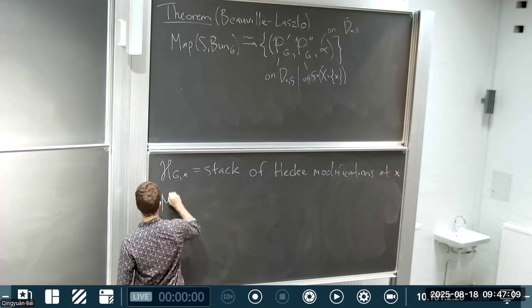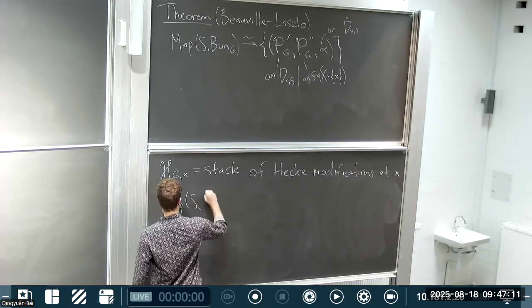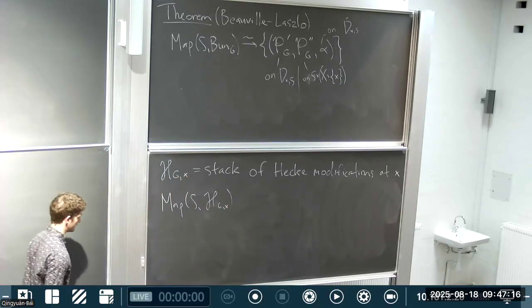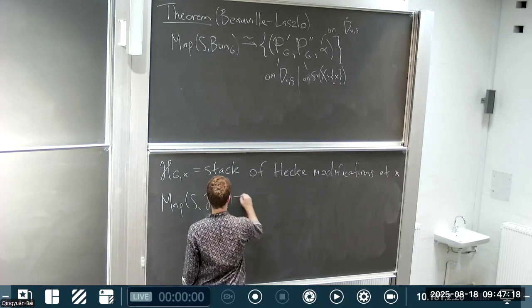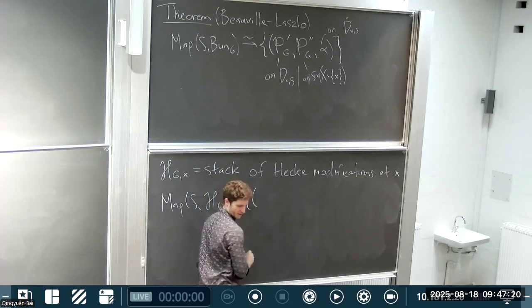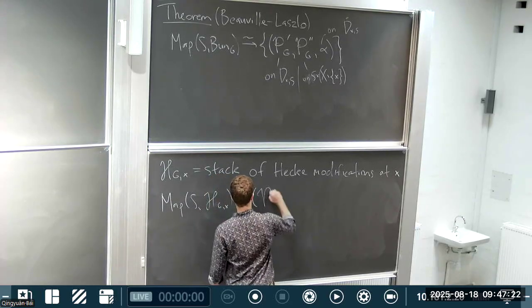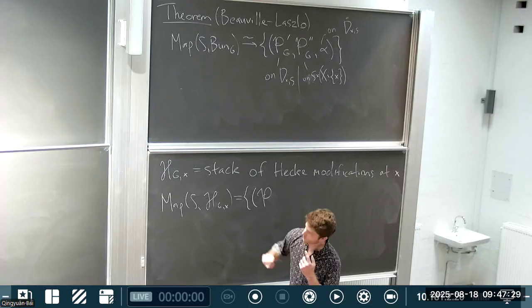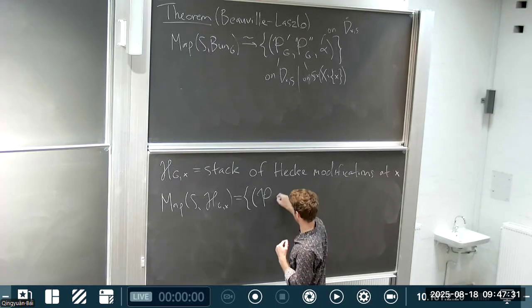So I need, as always, to specify what it means to give an S point for a test scheme S. It's going to consist of a triple. What notation do I want to use? In order to avoid confusion with the notations I was using over here, I'll use something slightly different.